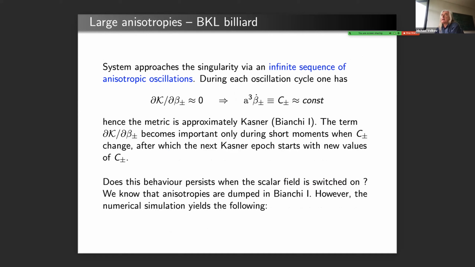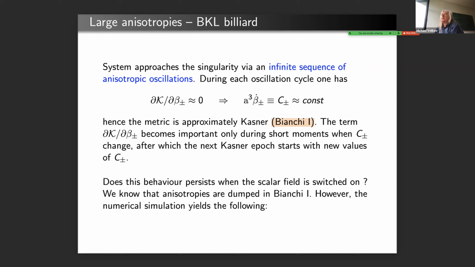This is the famous Belinsky-Khalatnikov-Lifshitz phenomenon. Chaotic behavior near the singularity. And so the singularity is approached by an infinite sequence of oscillations, and during each oscillation cycle, the universe is approximately Bianchi 1.